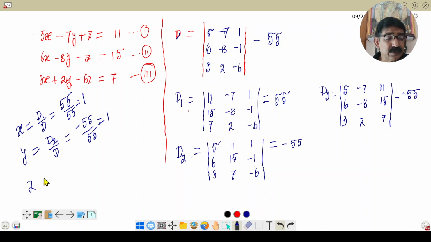And z is equal to D3 by D, which is equal to minus 55 by 55, equal to minus 1.